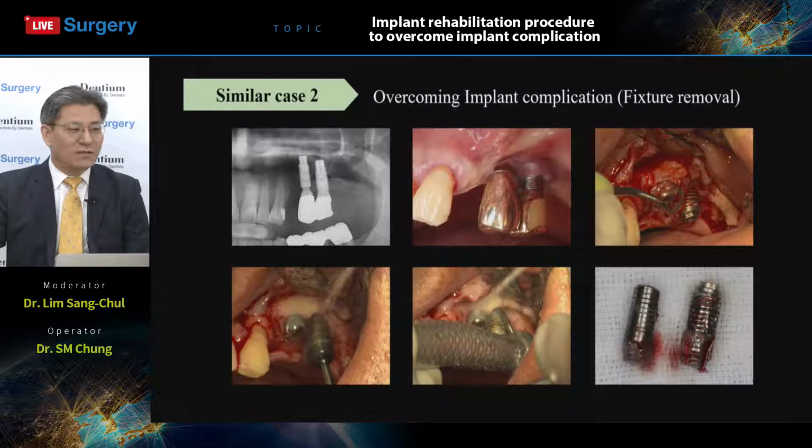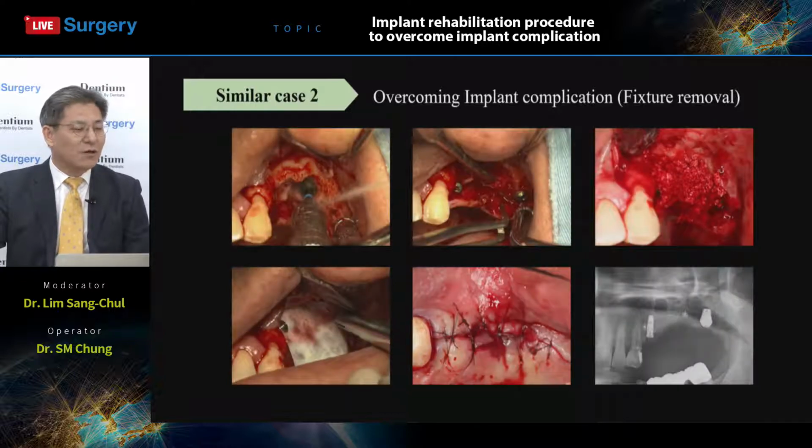So this time Dr. Zhang is going to use a trephine drill and the elevation technique. This specific technique will be shown to us.